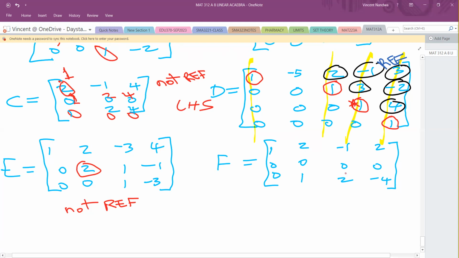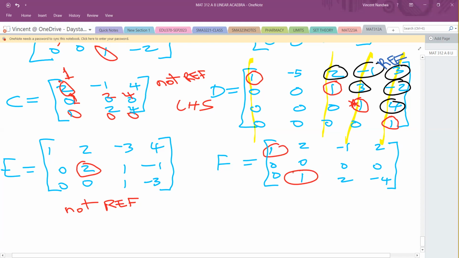So know that for non-zero rows, the first element should be 1. As in you see this. Then the third and fourth conditions.